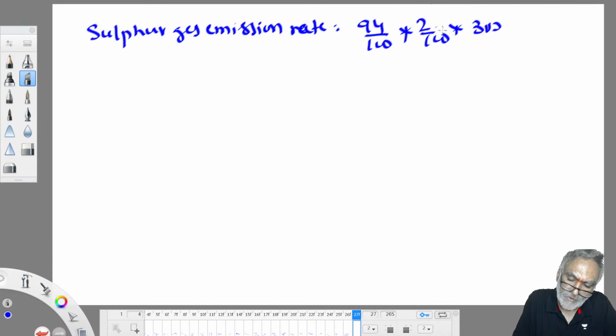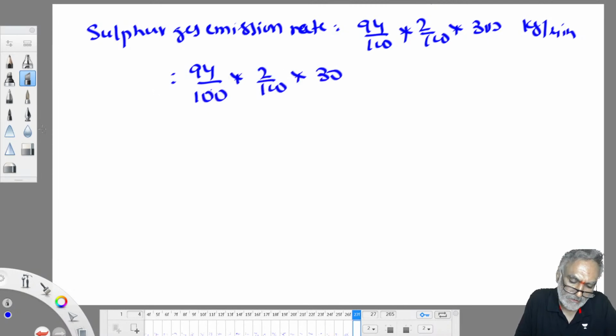Out of total sulfur, 94% is gas. So we are calculating gaseous contaminant only. Kilogram per minute. Per year, how much it is? 94 by 100 into 2 by 100 into 30 kilogram per minute.